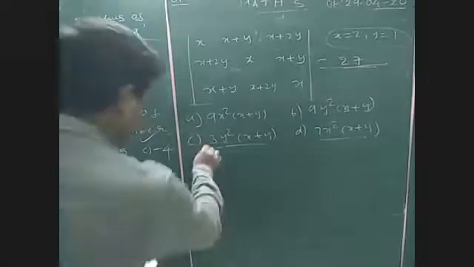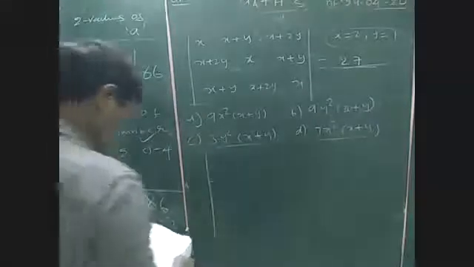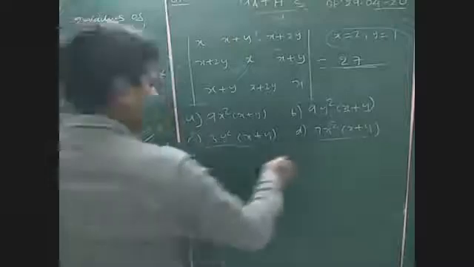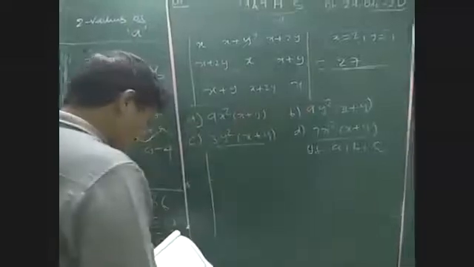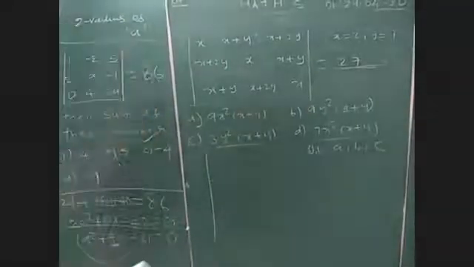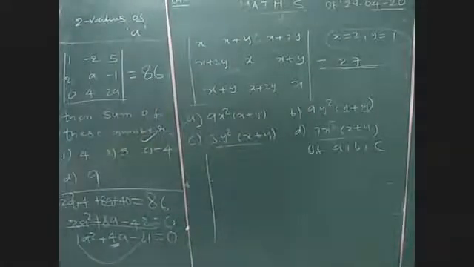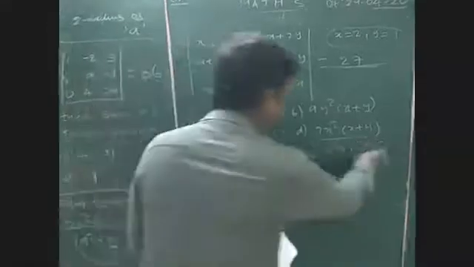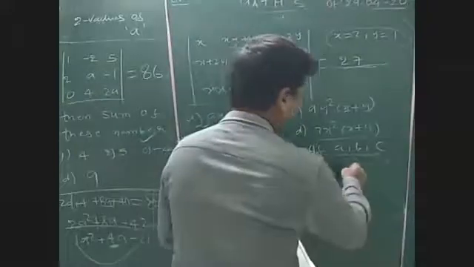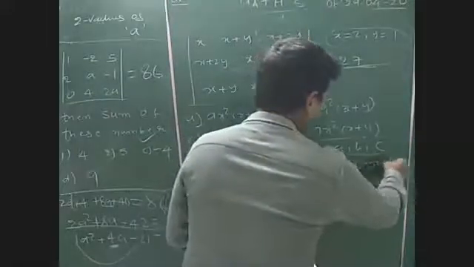Here is another question they have given. If small a, b, c are in AP, AP is nothing but 2b is equal to a plus c; this condition will be satisfied.